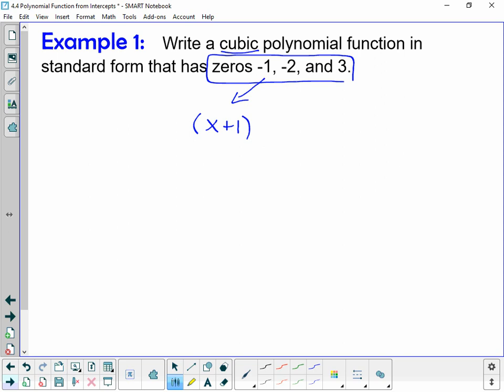The zero at -2 corresponds to the factor x plus 2, and the zero at 3 corresponds to the factor x minus 3. So this would be a polynomial function that has those indicated zeros, but it asks for it to be in standard form. This is not in standard form right now. We have it in intercept form.